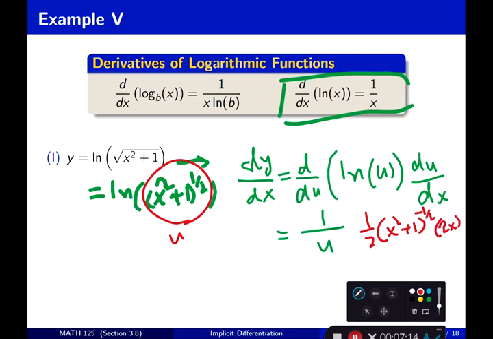It was generalized, so this part came out to be this.